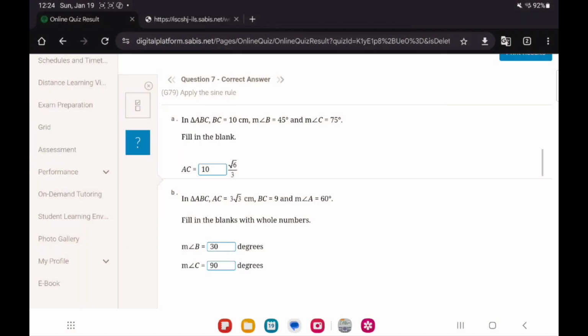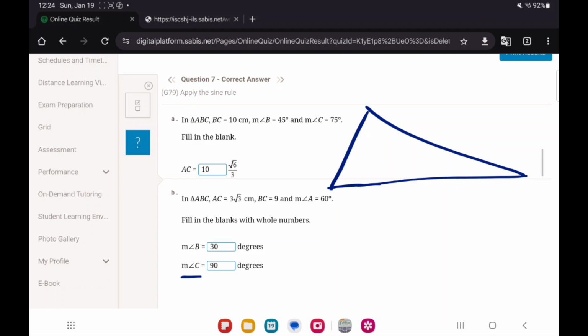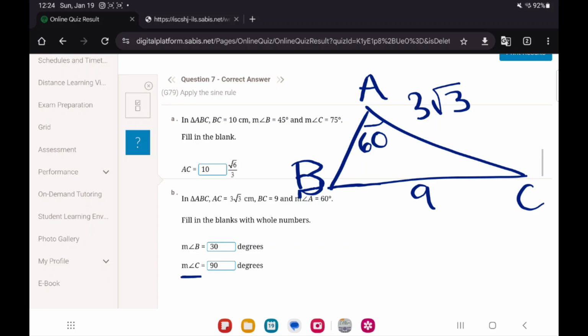Now let's do angle C. Let me draw the diagram again. Okay, so I drew the diagram again, and now we're going to find angle C. You might say we already found B, so we can use that. I do not advise you to use it.